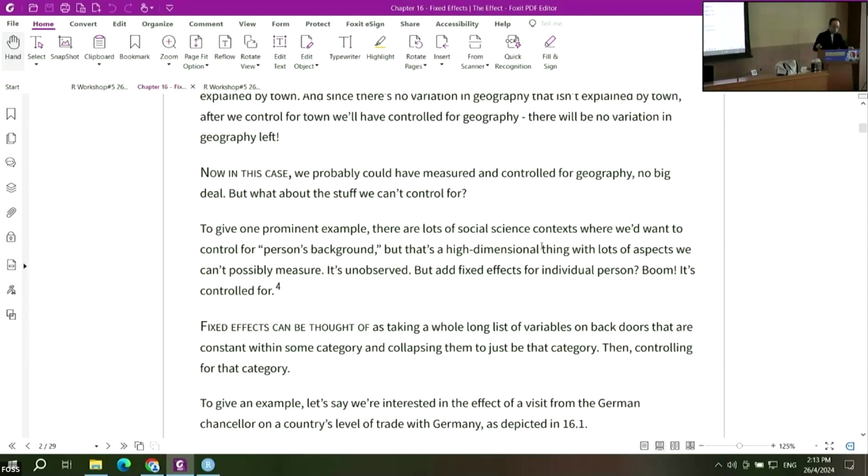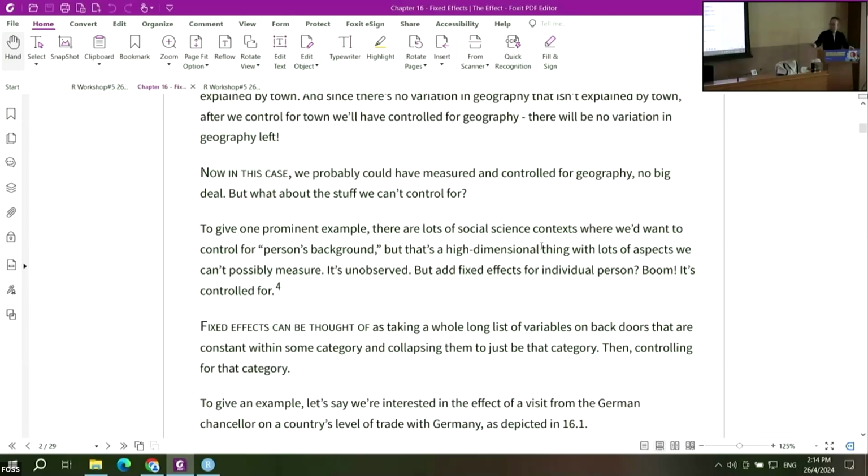So fixed effects can be thought of as taking a whole long list of variables, however many you want to imagine, on backdoors that are constant within some category, collapsing them to just be that category, and then controlling for that specific category, saying that everything is going to be constant in the geographic variable town, for example, including a person's background, those high dimensional characteristics.